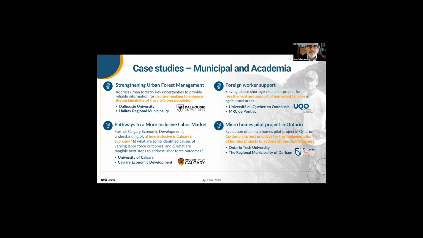On the top right, the Pontiac MRC, or regional district, wanted to explore how to solve labor shortages via a pilot project for the resettlement and support of immigrant families. On the bottom right, the Durham Regional Municipality evaluated a micro homes pilot. And lastly, bottom left, Calgary Economic Development looked at ways to understand the inclusiveness of its labor market.